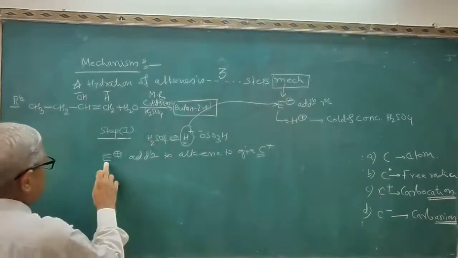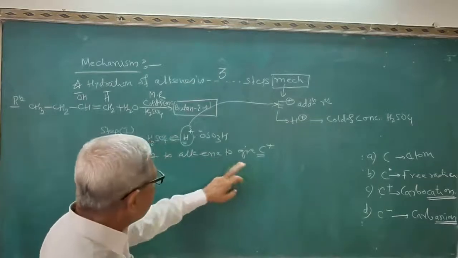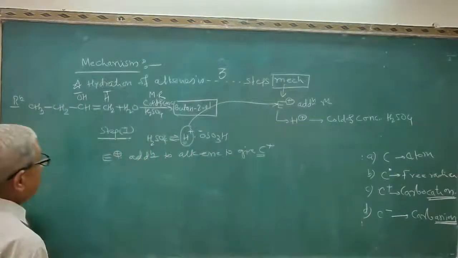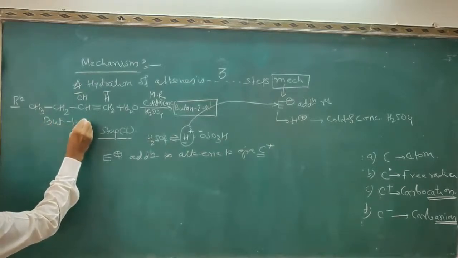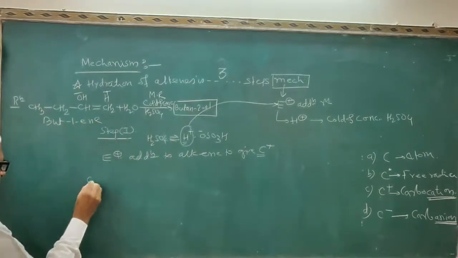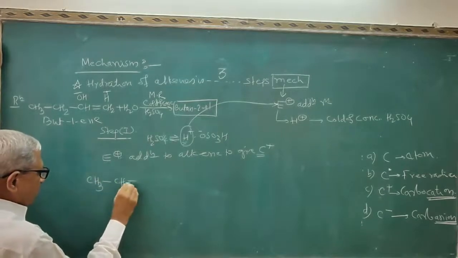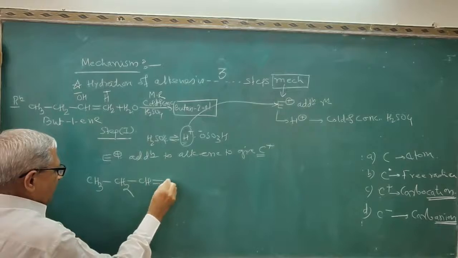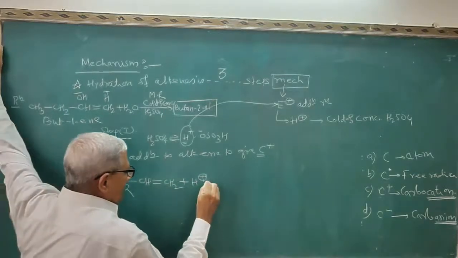Now see, the first point is electrophilic addition to the alkene to give carbocation. Our alkene is but-1-ene. So start from but-1-ene: CH3CH2CH=CH2 plus H plus.